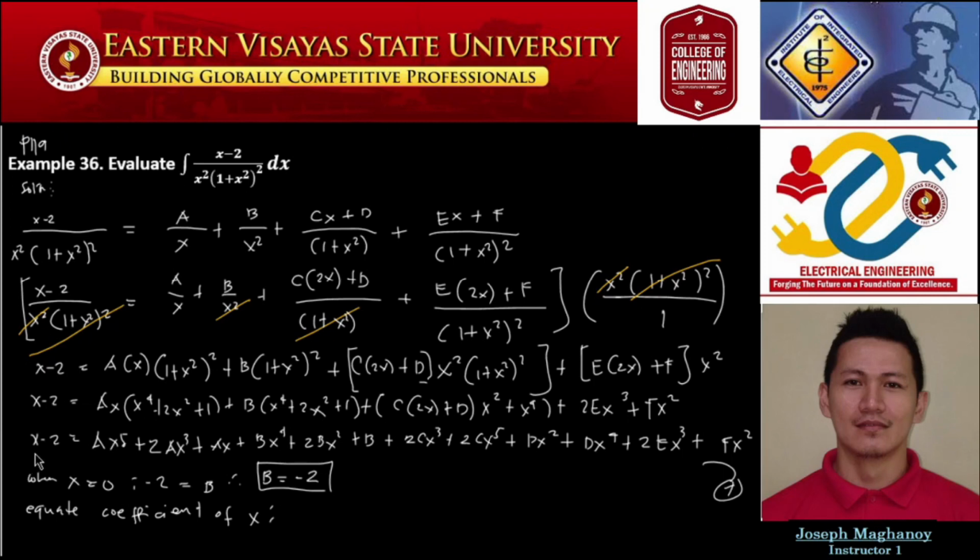Raised to x, we only have that one. We have x equal to Ax. Therefore, if we rewrite that, this 1 is equal to 1A. Therefore, our A is equal to 1.